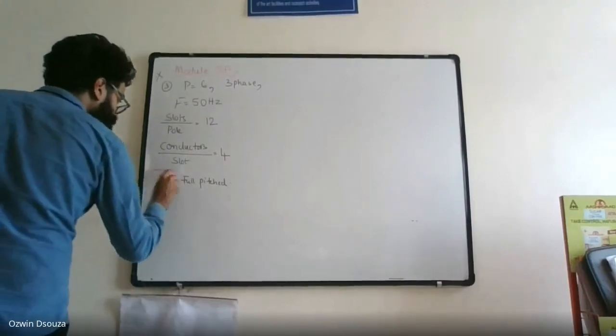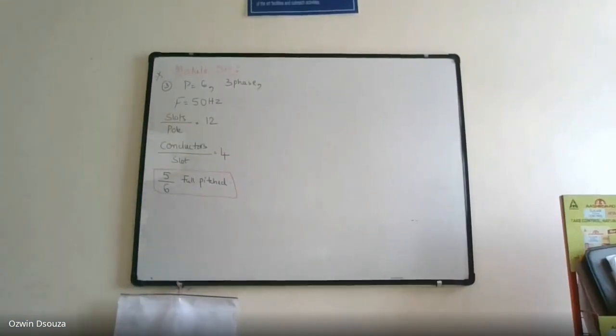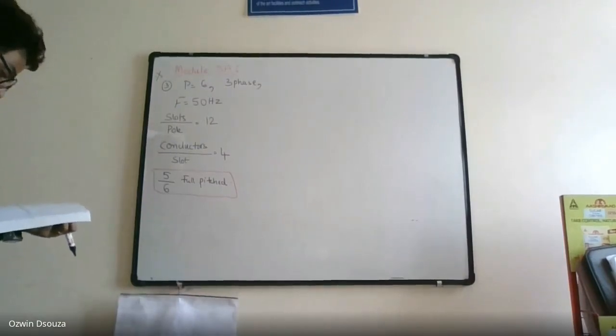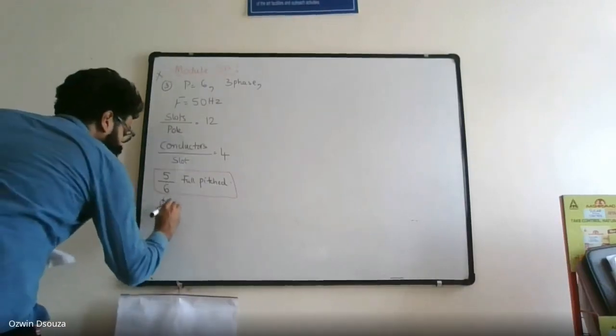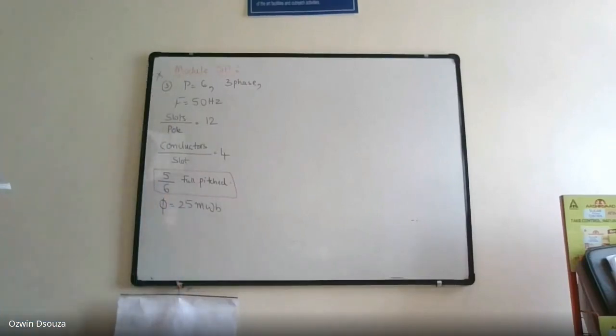So this I will mark in red color. This is the important data. The winding is 5/6 full pitched. A flux of 25 milliweber per pole is sinusoidally distributed in the air gap.